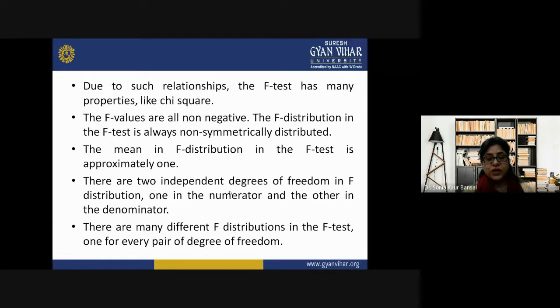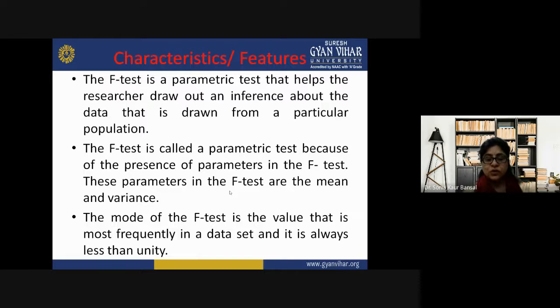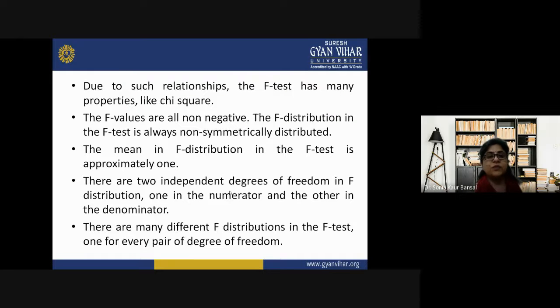One for every pair of degrees of freedom, and this is something that you must remember, that such a relationship is established. So the properties of the F-test are like chi-square. Number 1, the F values are all non-negative. Number 2, the F distribution is always non-symmetrically distributed.